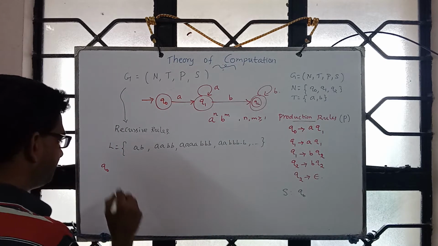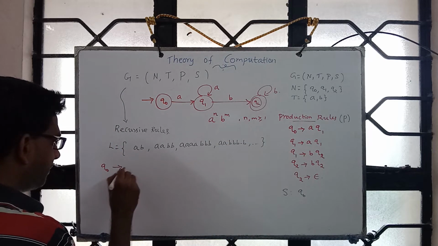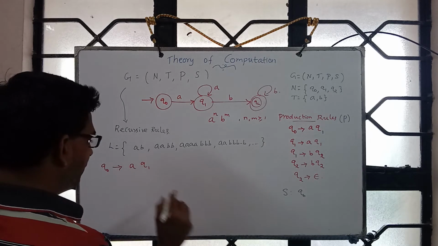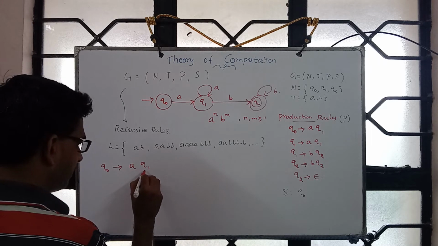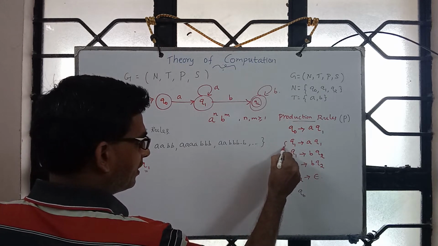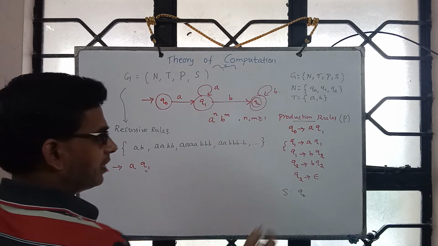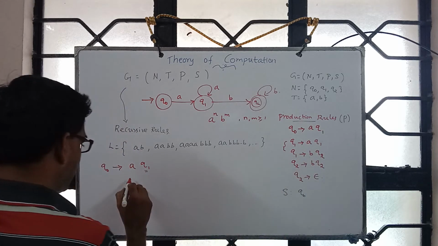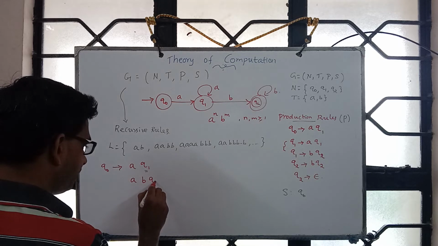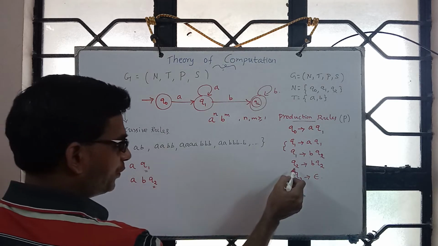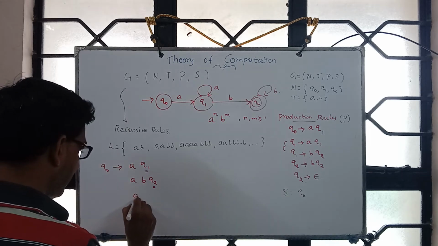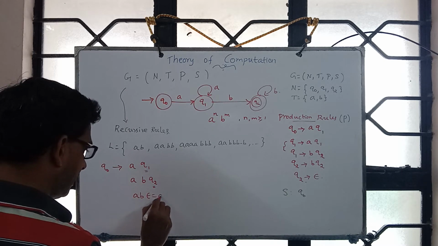the start symbol. So Q0 implies A Q1. Now I told you it is a recursive expression. So you can replace this Q1 with any one from these. Let me choose this: Q1 implies B Q2. Again for Q2 you can choose this or this. Let me choose this. So this becomes AB epsilon, or AB.